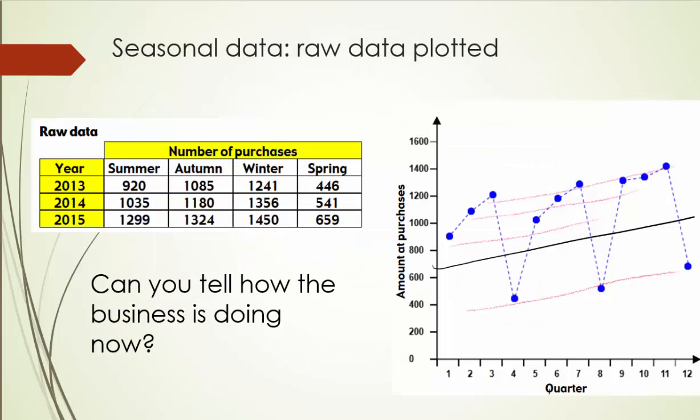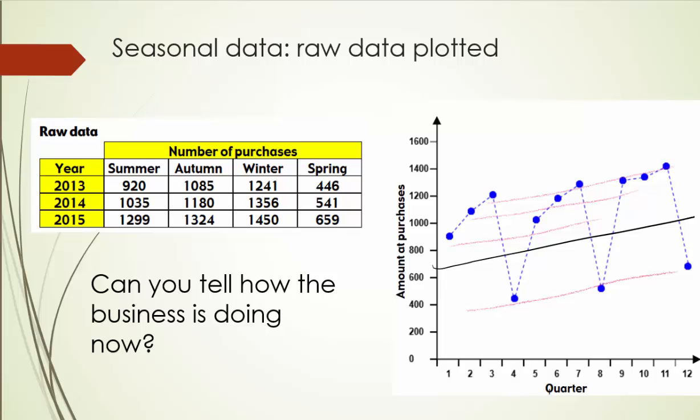You could graph the data, which gives a slightly clearer picture. The blue dots. I've also drawn on there a black line, which is where I guess there might be a least squares line. The red lines are the least squares lines for each of the seasons.